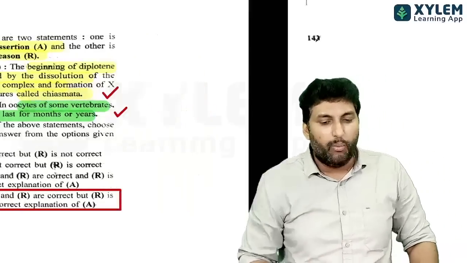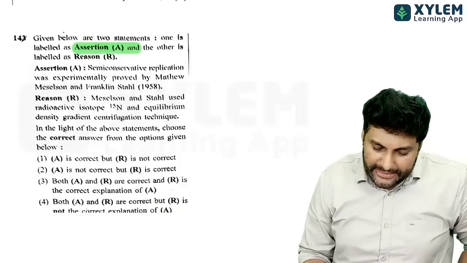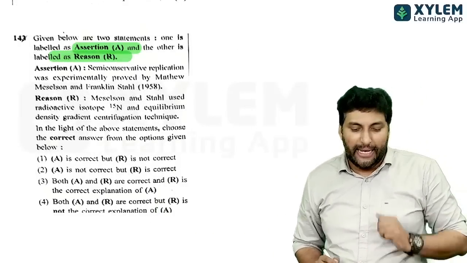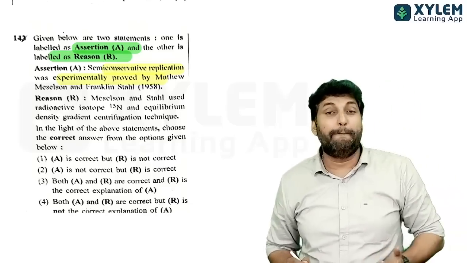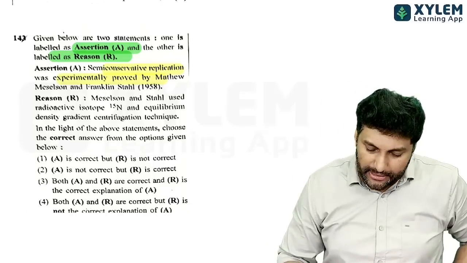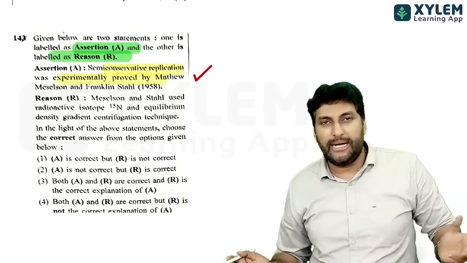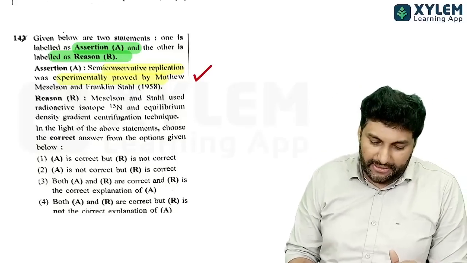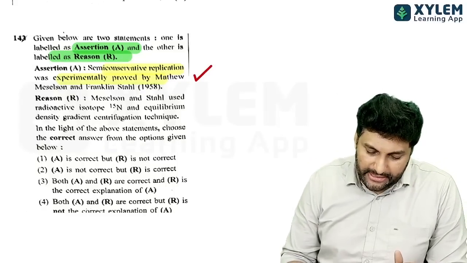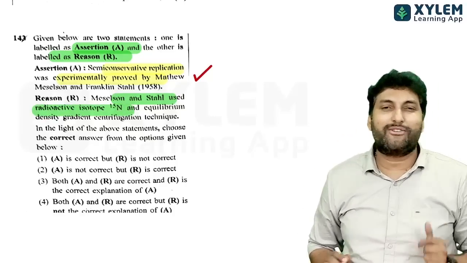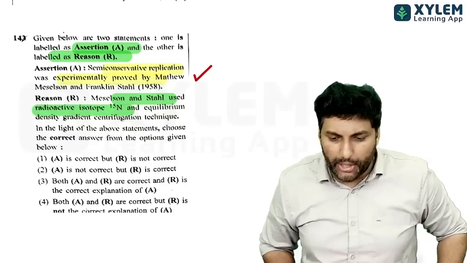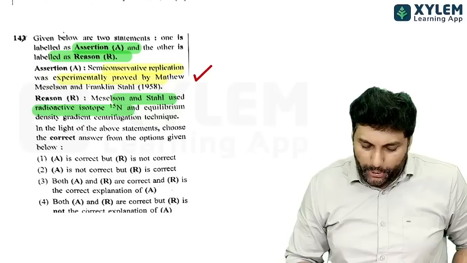Both are correct. 143. Again, assertion and reason are given. The assertion is that the semi-conservative mechanism was proved by Meselson and Stahl. Is it correct? Yes, it's right. Again, the reason is given that Meselson and Stahl used a radioactive isotope, nitrogen 15. Absolutely wrong.